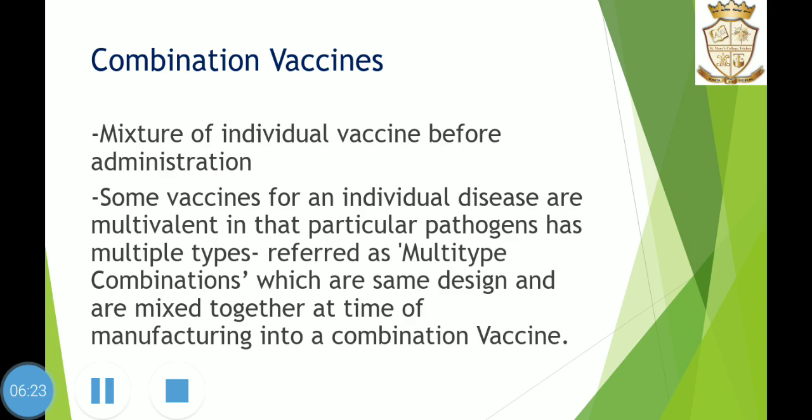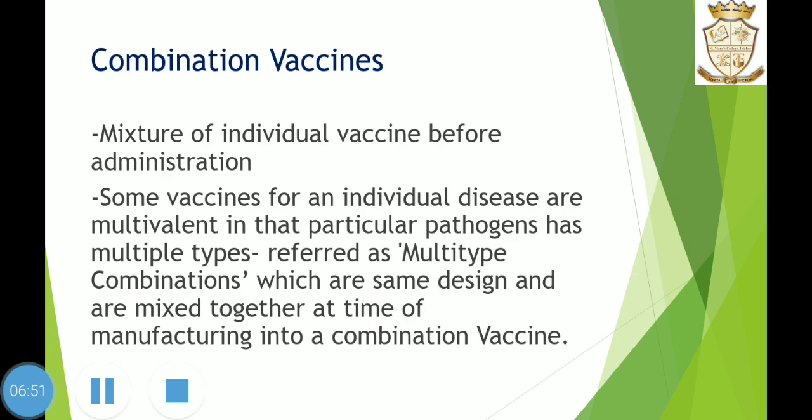So next is combination vaccines. Combination vaccines are mixtures of individual vaccines before administration. Some vaccines for an individual disease are multivalent, in that the particular pathogen has multiple types. These are referred to as multi-type combinations, which are of the same design and mixed together at the time of manufacturing into a combination vaccine. So combination vaccines are of two types.